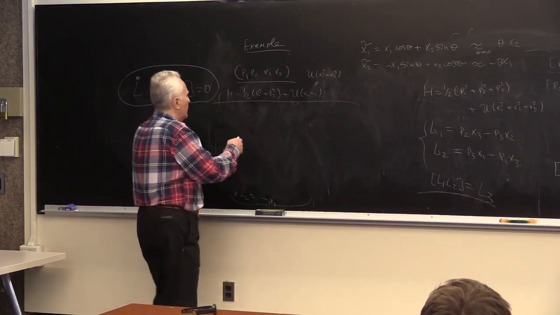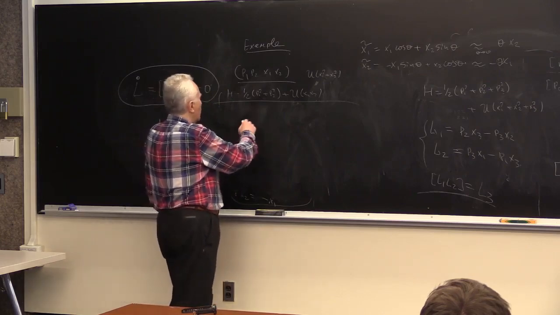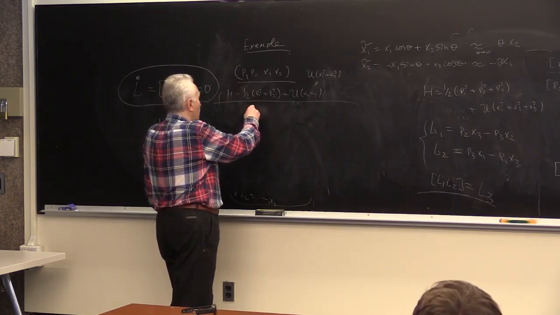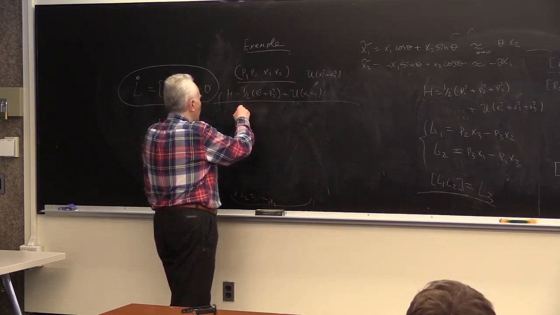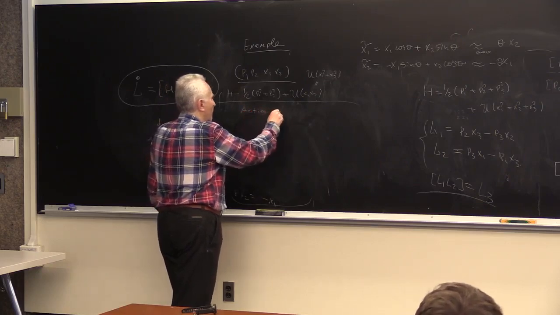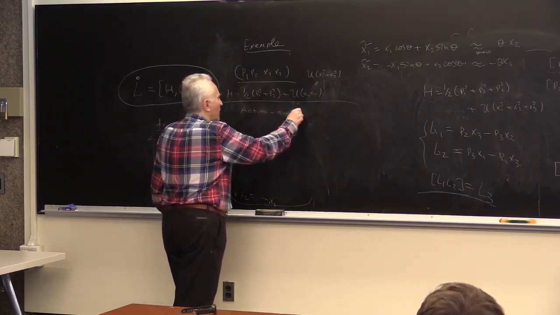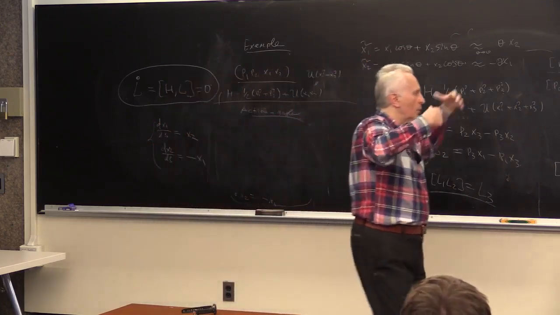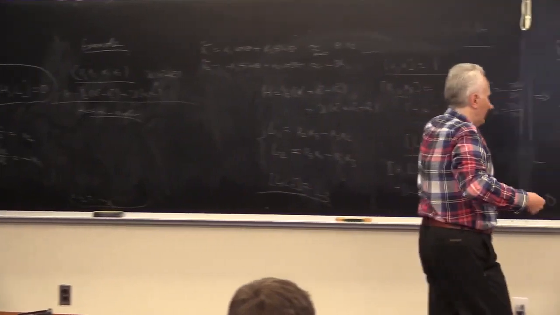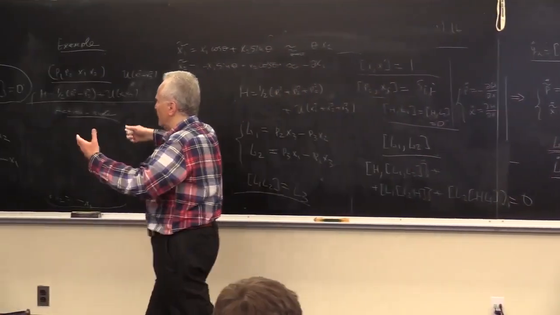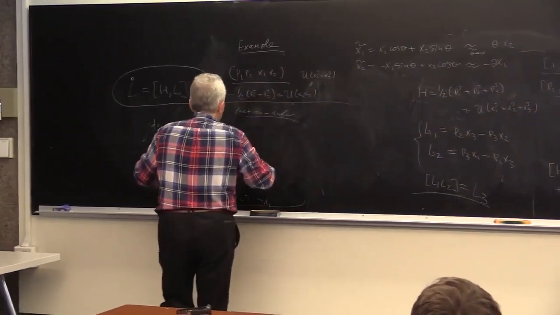But still, it's very important to know that we can introduce variables called action angle variables. The philosophy is, let's try to use canonical invariance under change of variables to simplify the system as much as we can.